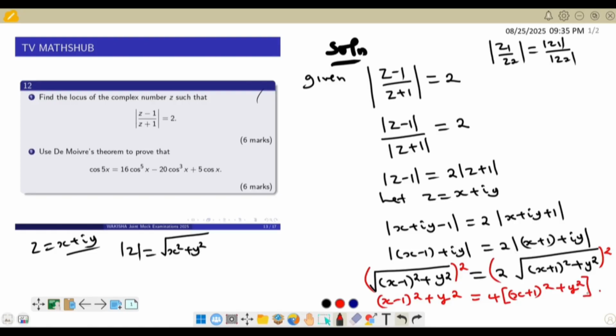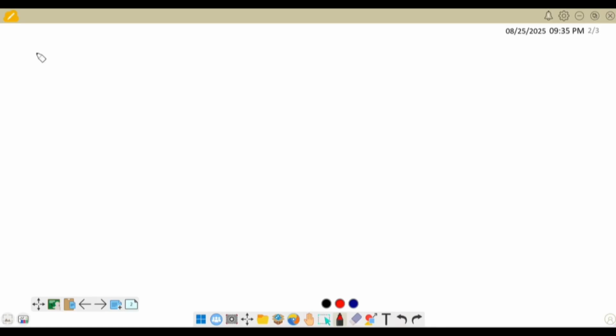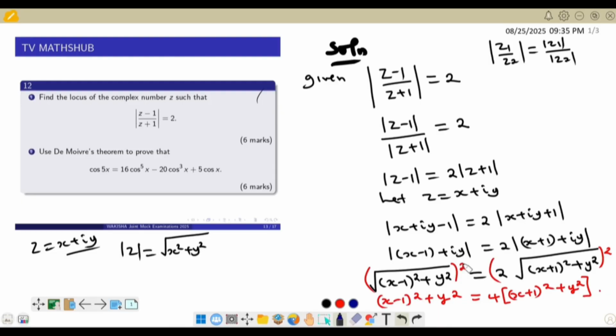We can simplify this expression: (x minus 1) squared gives us x squared minus 2x plus 1, then we add y squared, and this is equal to 4 times (x plus 1) squared, that is x squared plus 2x plus 1, then plus y squared. That is what we get when we remove the square root signs.